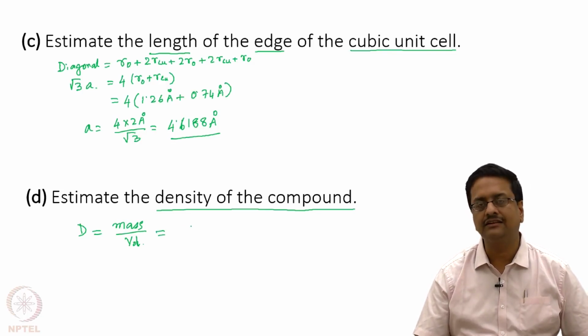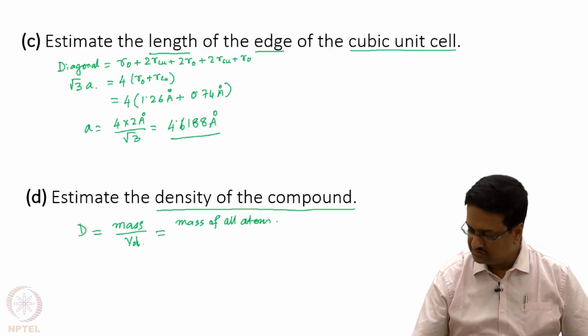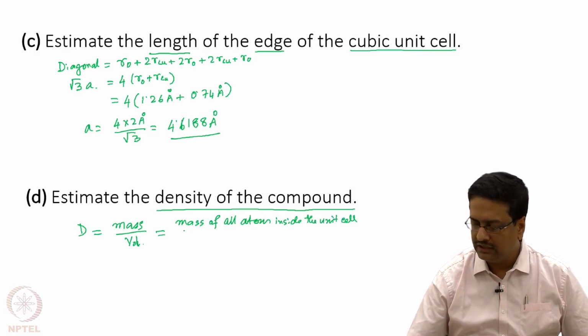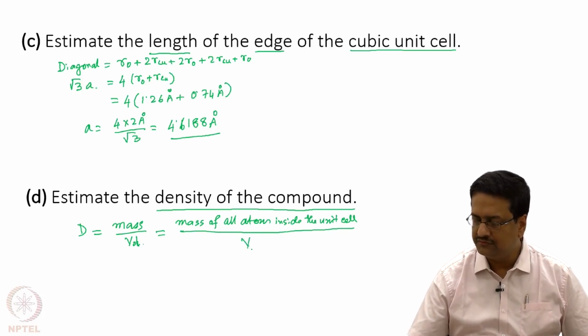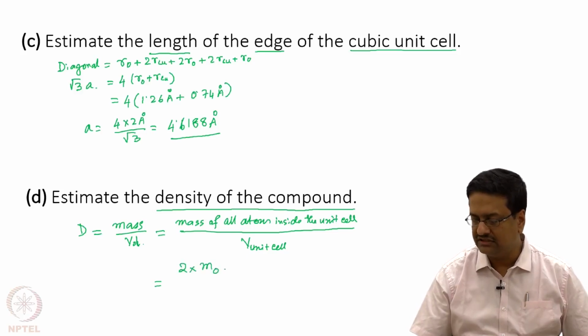Mass of all the atoms inside the lattice, all atoms inside the unit cell, divided by the volume of the unit cell, which means we are talking about 2 into mass of oxygen atom plus 4 into mass of copper atom divided by the V cell.